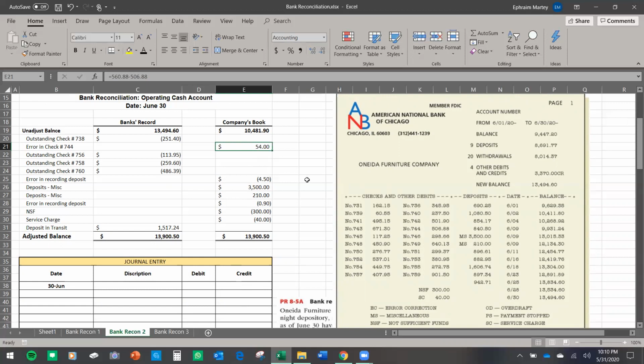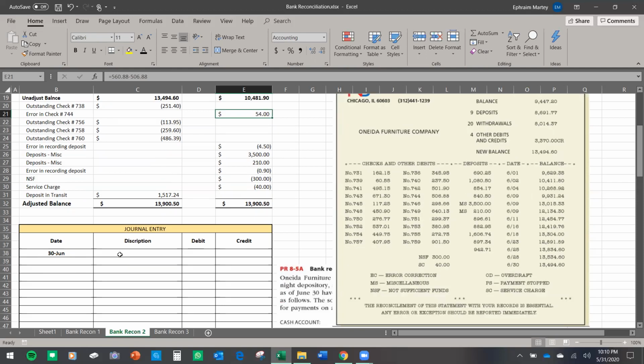It could also be that we paid someone we are owing, and we paid too much, so we have to reduce it. So it depends on what the company paid that amount for. That check, what the company paid it for, is what I have here. It's up to you to choose. So we are putting that money back into our accounts payable or our inventory. It could even be an expense.